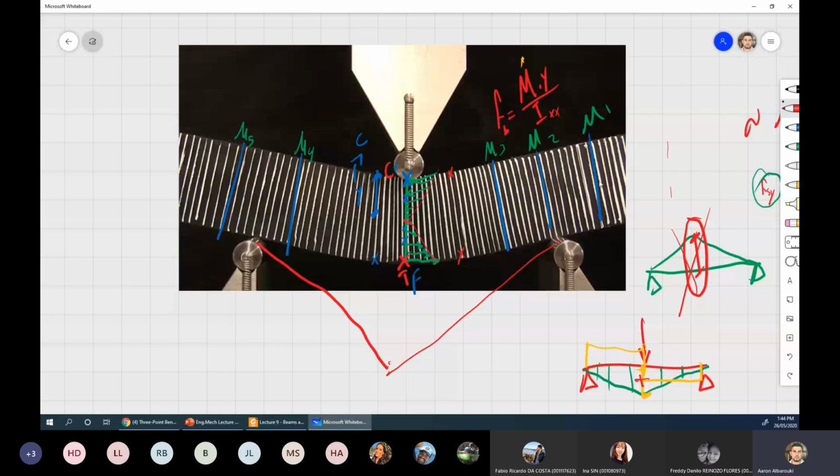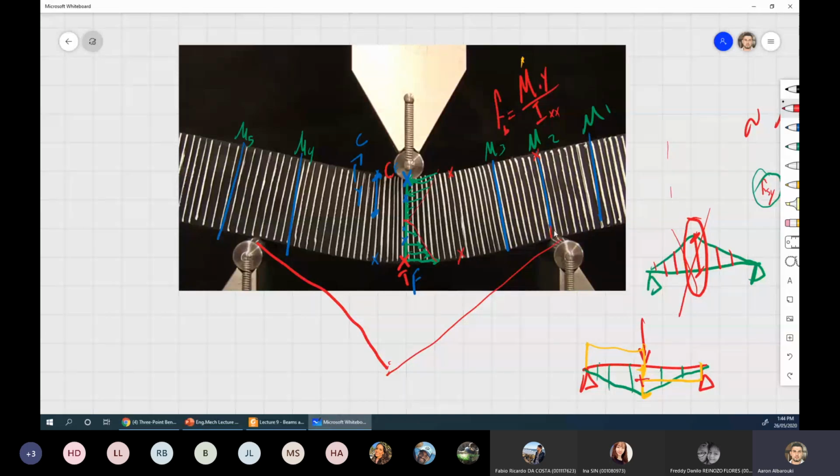If I need the bending stress at one of these locations, I have to take the moment of these locations to start with. And also, it doesn't matter where I take the moment, and I still have the option where within this cross section do you want the bending stress. Do you want to know the maximum bending stress?